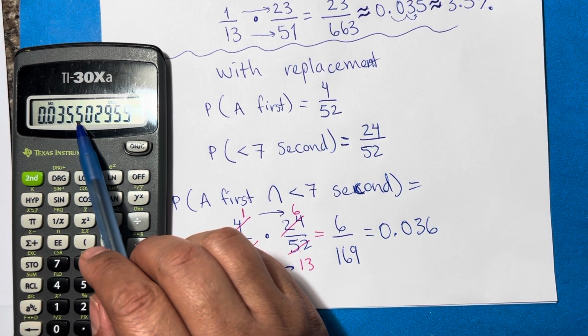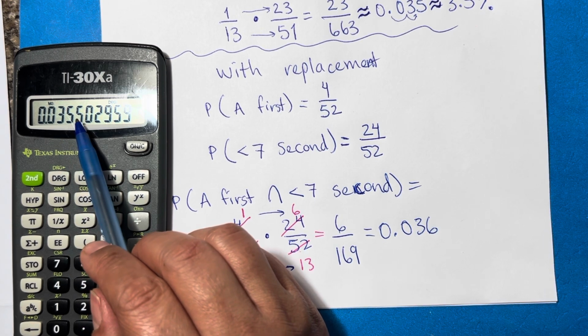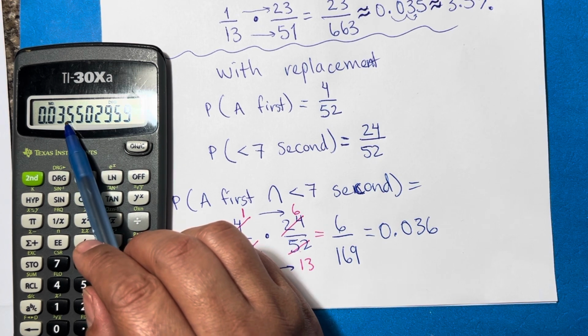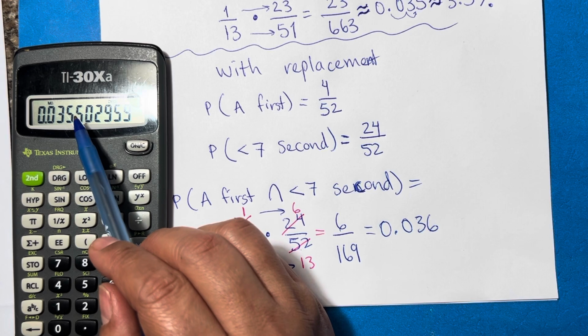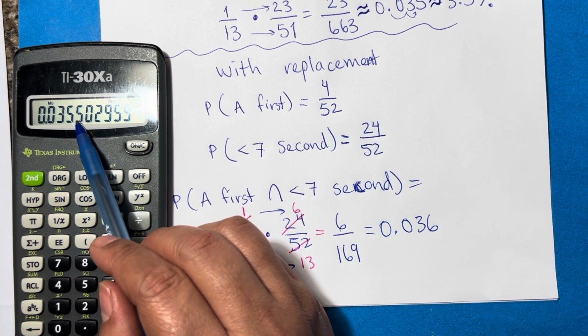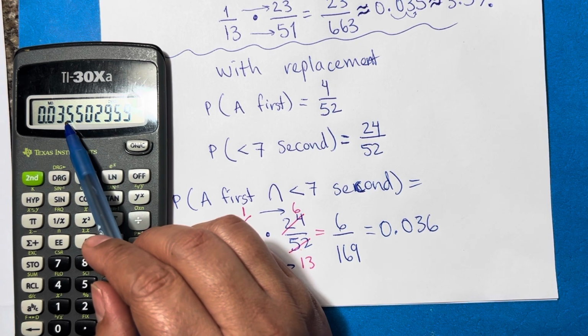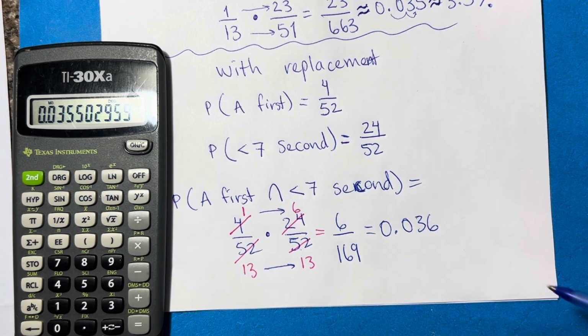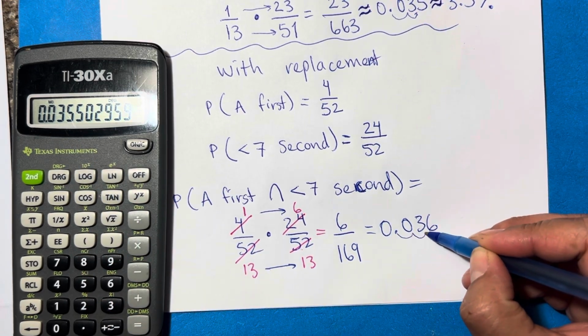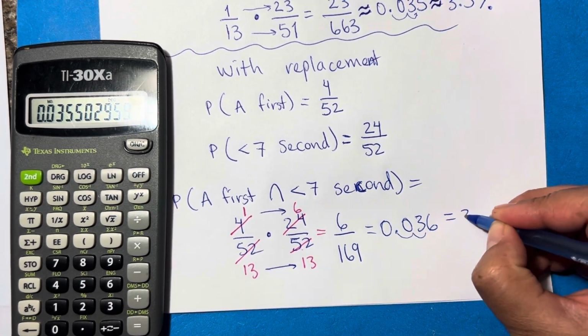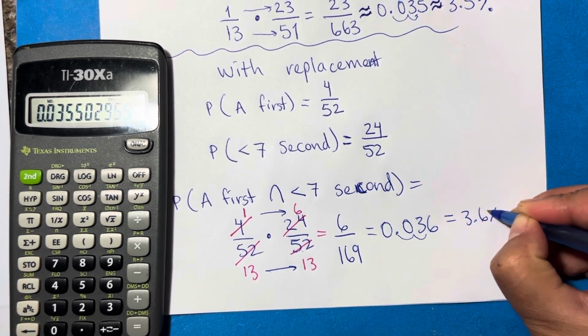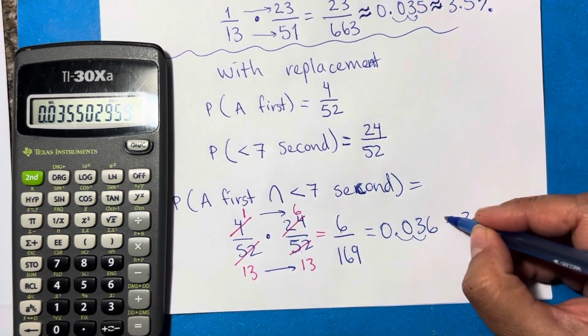Because the 5 gives 1 more. Remember, if this is 4, 3, 2, 1, or 0, it doesn't give anything to the previous number. But if this is a 5, 6, 7, 8, or 9, then this goes up 1. We move it 2 spaces, and so it's 3.6% chances that I will win.